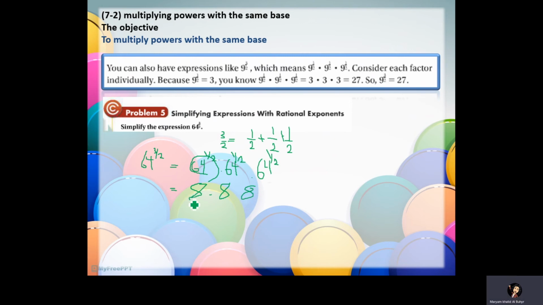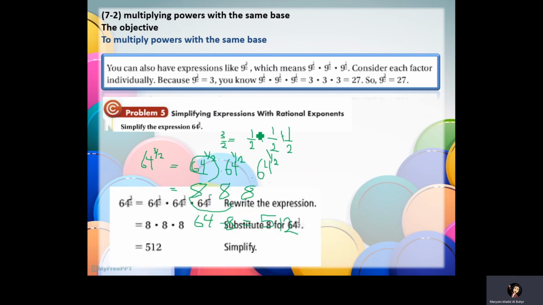So finally, 8 times 8 is 64, and 64 times 8 is equal to 512. That's the idea. Let's do one more problem.